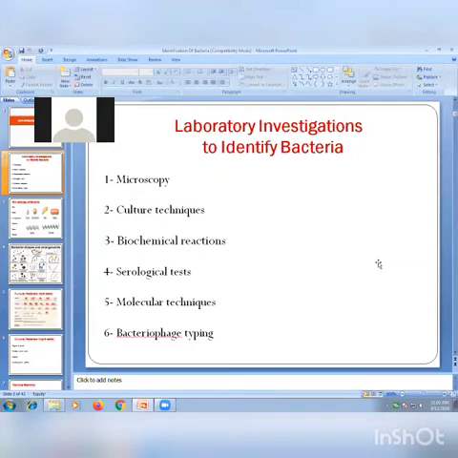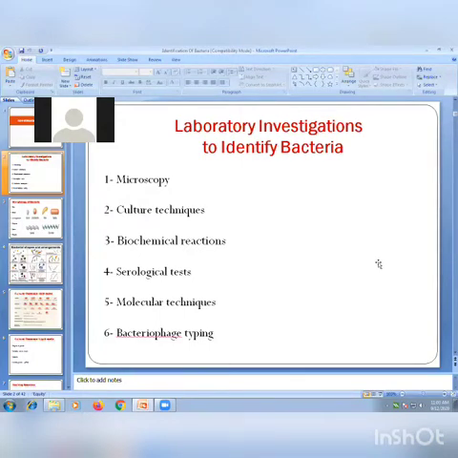Then nowadays we are using the serological tests, in which the agglutination, precipitation, or flocculation tests we are using for identification of a particular bacteria. Recently we are using the molecular techniques, such as PCR and LCR, always for rapid identification of a particular organism or bacteria.